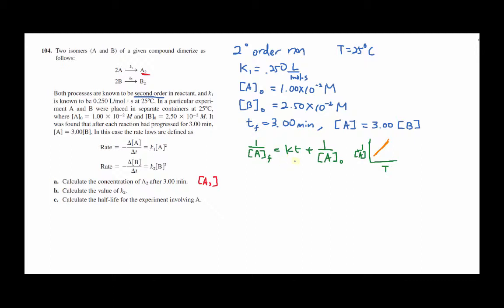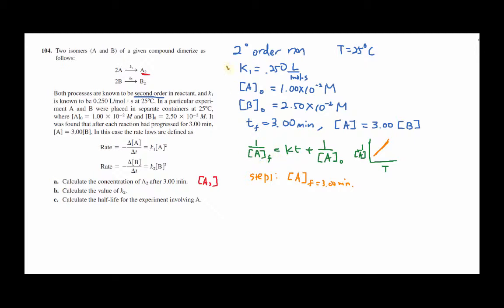But to solve this, we just have to plug it in, and so step 1 is find the final concentration of A. Good news is that we have all the given except this A final.